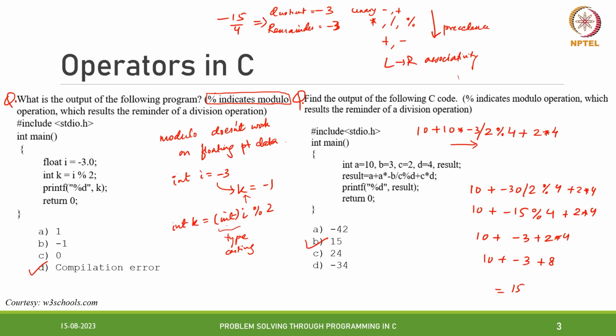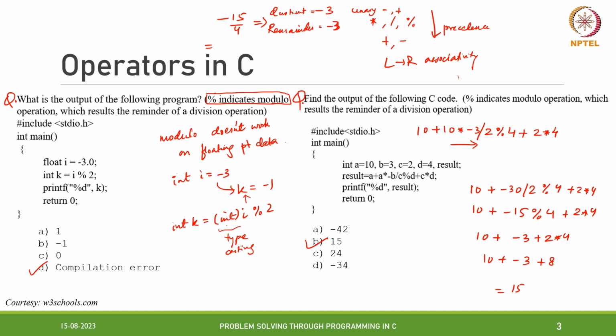Can we not take quotient minus 4 and remainder plus 1? That is a division operation you're doing here, right? Like what I want to say is minus 15 by 4, if you write it in decimal, what's it going to be? Okay, I get your point.